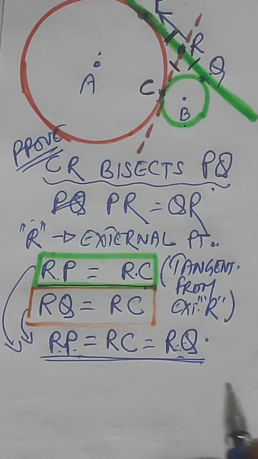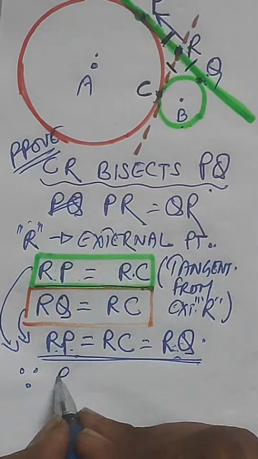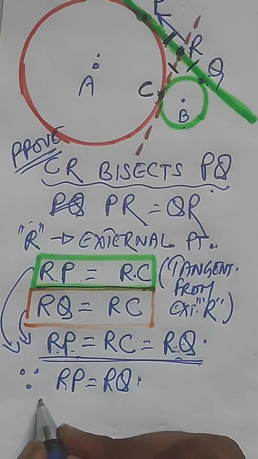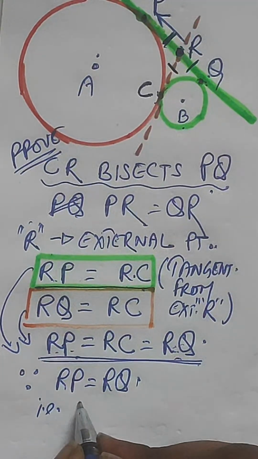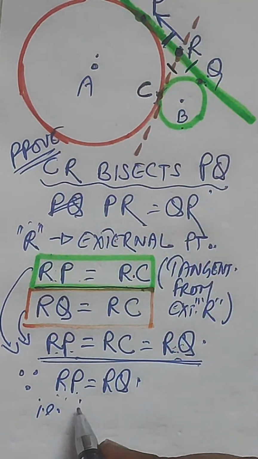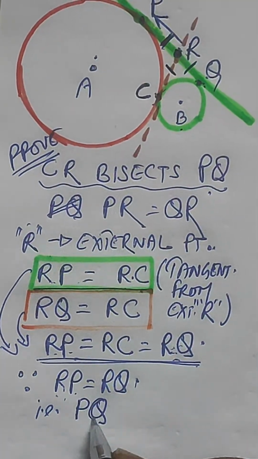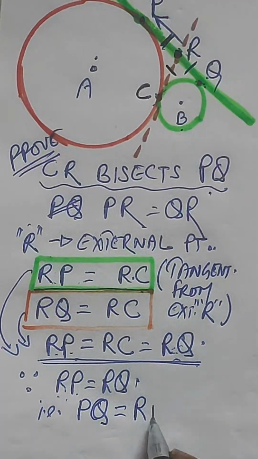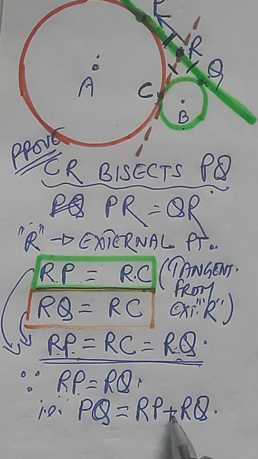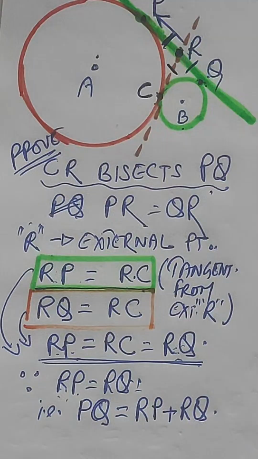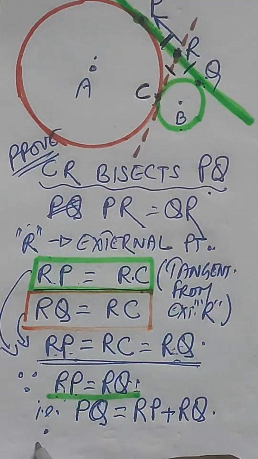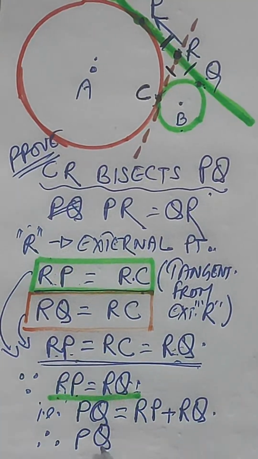So since RP equals RQ, we can write PQ as the sum of RP and RQ, right? And RQ is equal to RP, so we replaced RQ with RP.